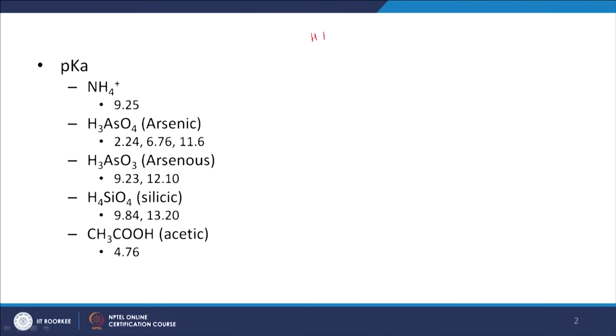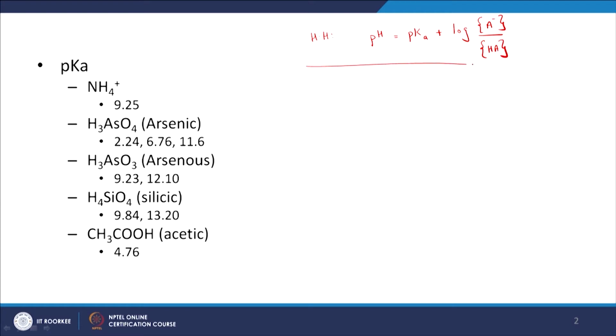I believe we looked at primarily deriving the Henderson-Hasselbalch equation, and that gives us an idea of the relationship between pH, pKa and the relative concentrations of the deprotonated and the protonated forms, right.